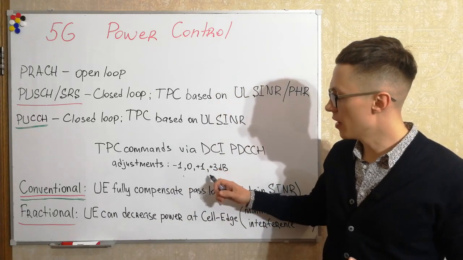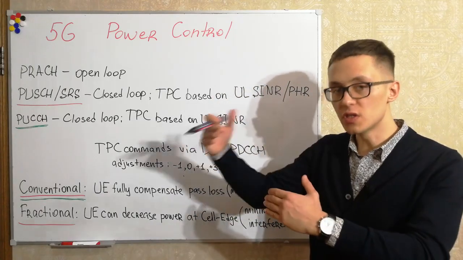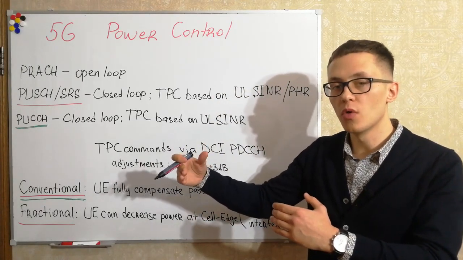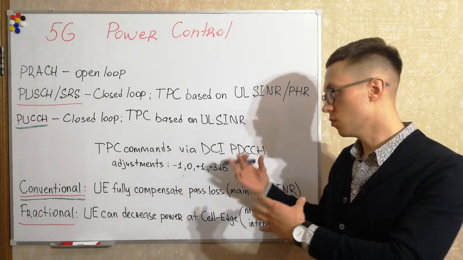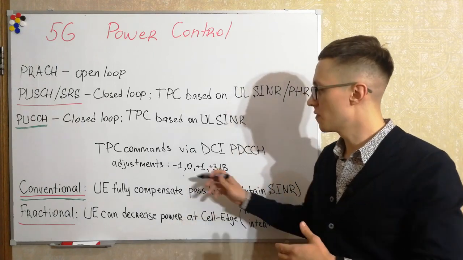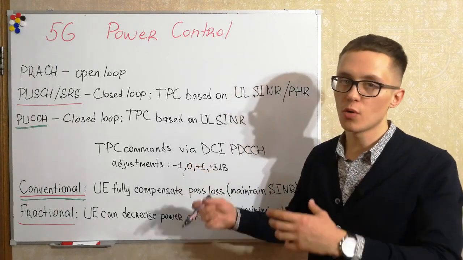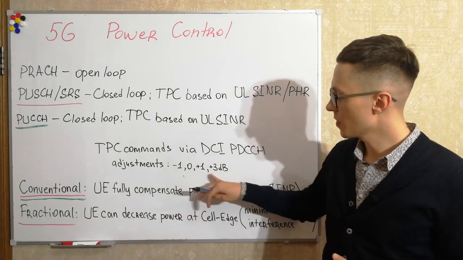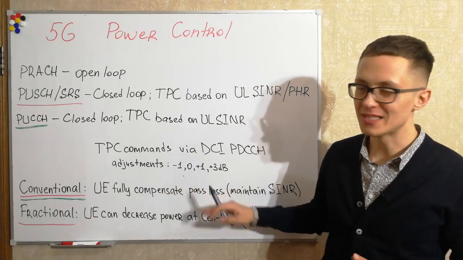So supporting the connection and increasing the power of user equipment is, we can say, more important than decreasing the power of user equipment. So that's why you can see different numbers here.